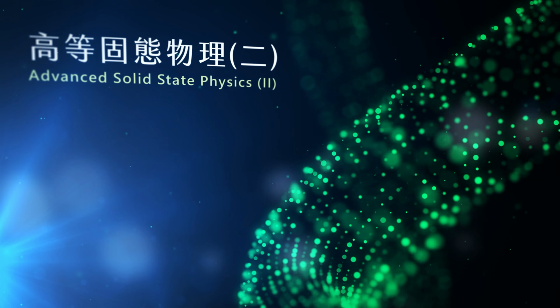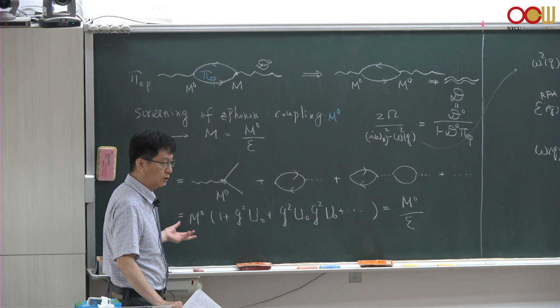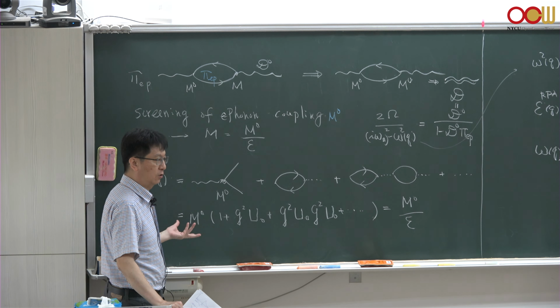So the way to renormalize this electron-phonon coupling constant m0 is the same procedure that we used to screen the Coulomb potential, right? So we can take the same way that we screen the Coulomb potential by this electron hole bubble, and here we could renormalize this m0 electron-phonon coupling by inserting this electron hole bubble in there.